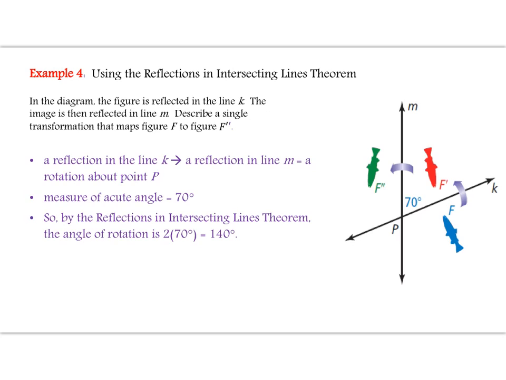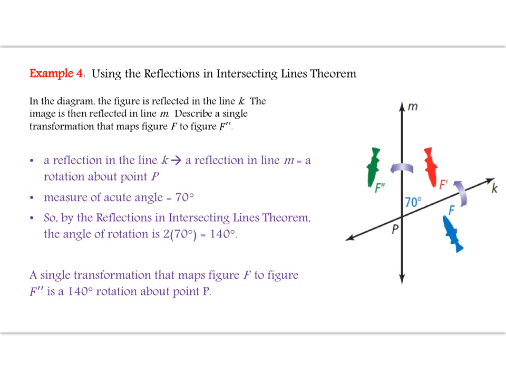So by the reflections in the intersecting lines theorem, the angle of rotation is twice that measurement, resulting in a 140-degree rotation. So a single transformation that maps figure F to figure F double prime is a 140-degree rotation about point P.